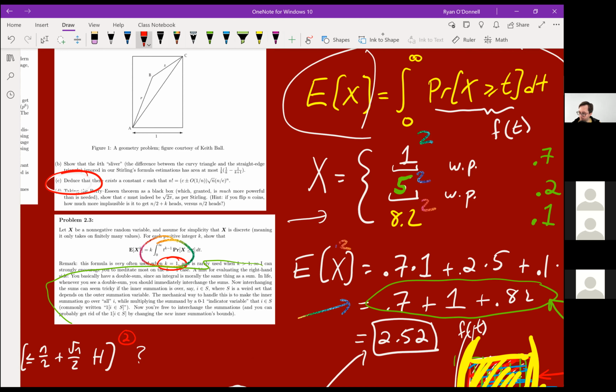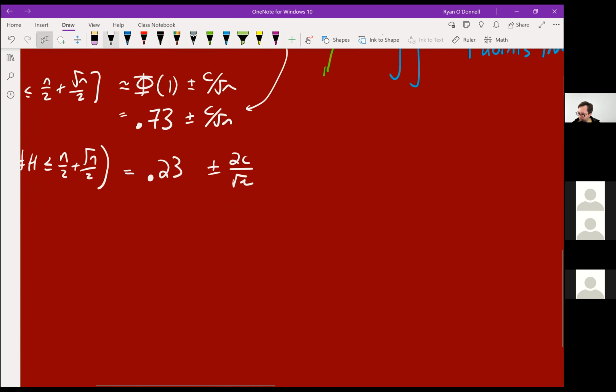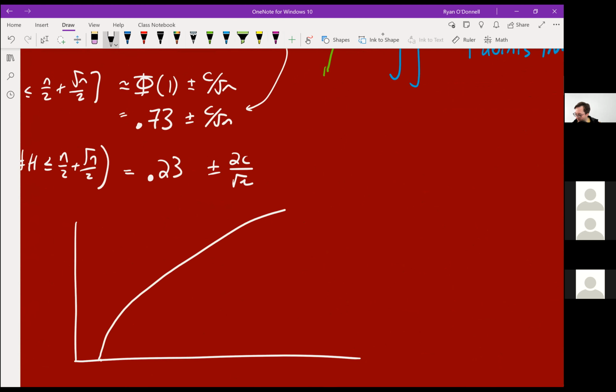Okay, so this one was about Stirling's formula. Just to remind you, somehow you end up looking at the logarithm function. It's a terrible drawing. Okay, this is ln x.